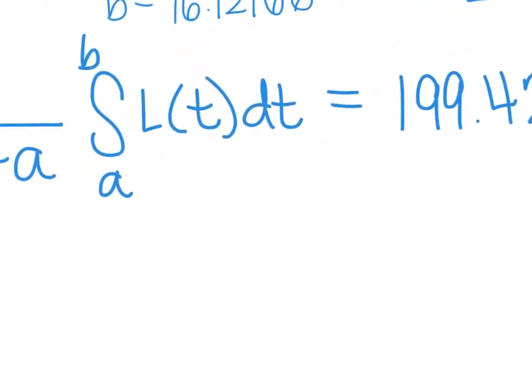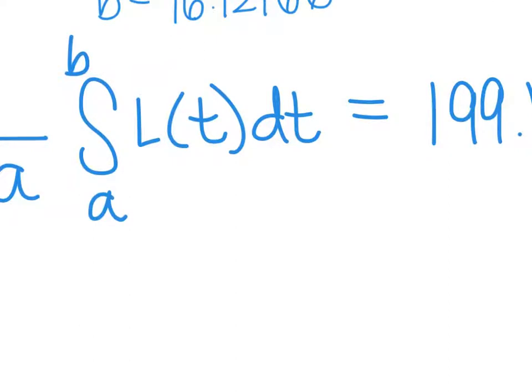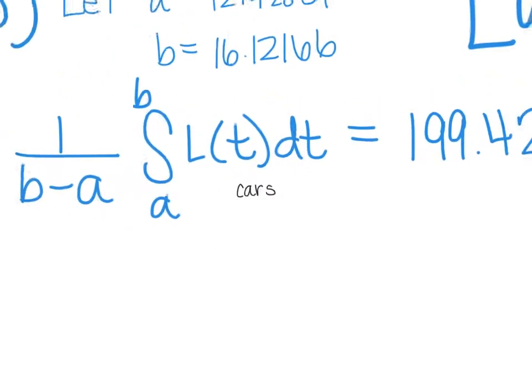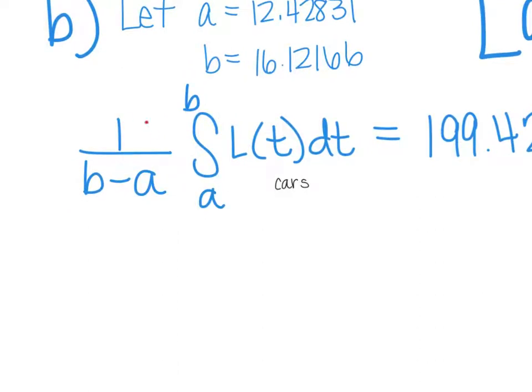Didn't this integral right here give us cars back in part A, right? Because we had cars per hour times hours. But we have this 1 over B minus A. So what is B minus A talking about?